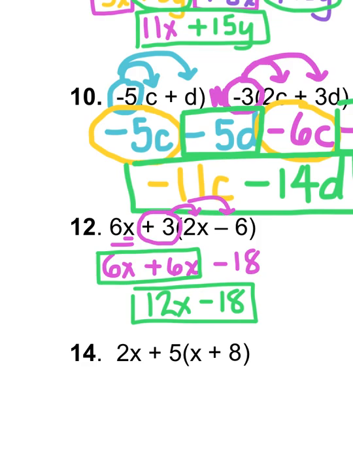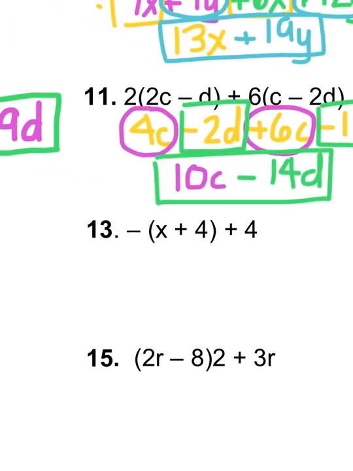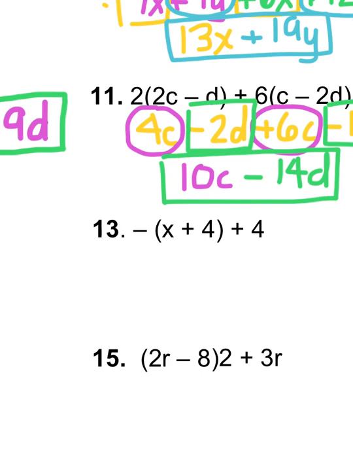Let's go on to number 13. On number 13, watch that negative. It's an understood -1, but we have to distribute that to each term within the parentheses. So negative 1 times x is negative x. You do not have to write the 1. It's understood. Negative 1 times 4 is negative 4. So just write minus 4. Now, are we going to distribute this negative to the 4?